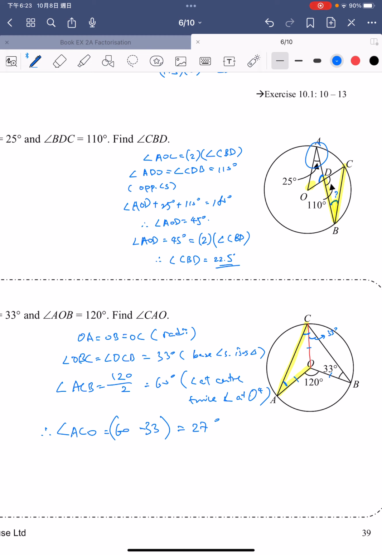So again, as OC is equal to OA, we have the isosceles triangle, so the angle OCA is equal to the angle CAO, which is equal to 27 degrees. And the reason is the base angles of an isosceles triangle.